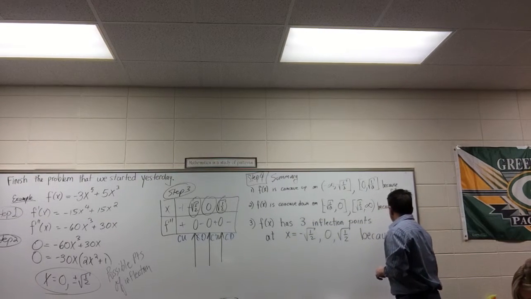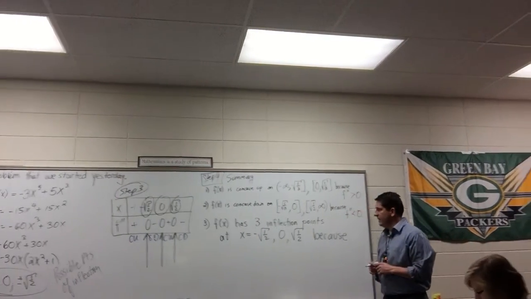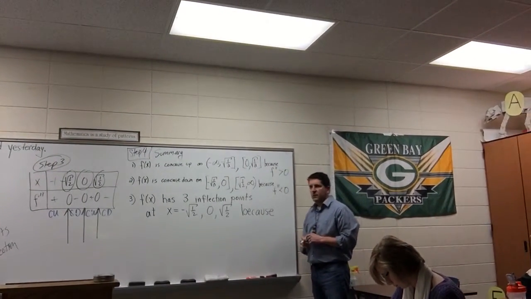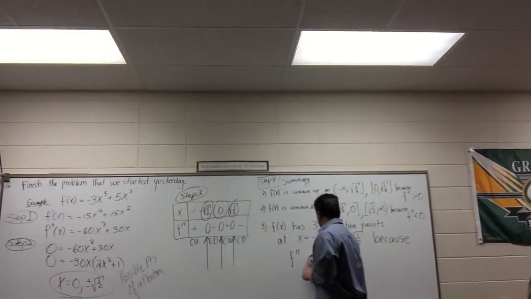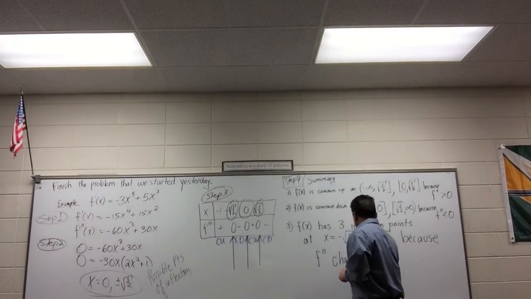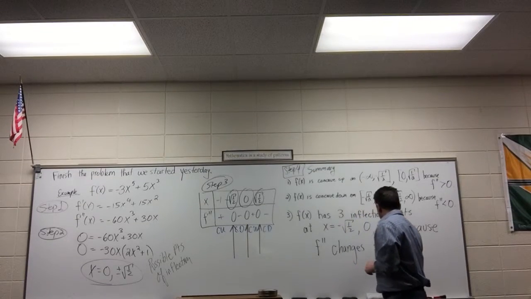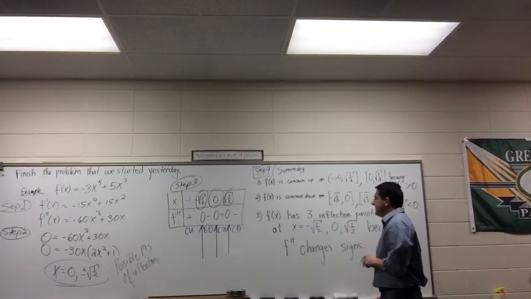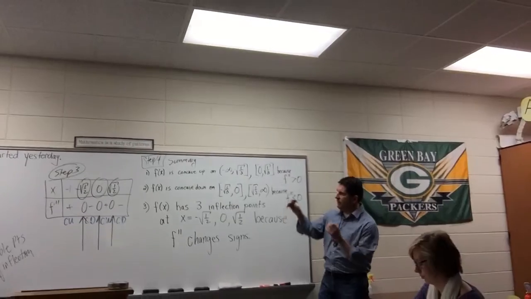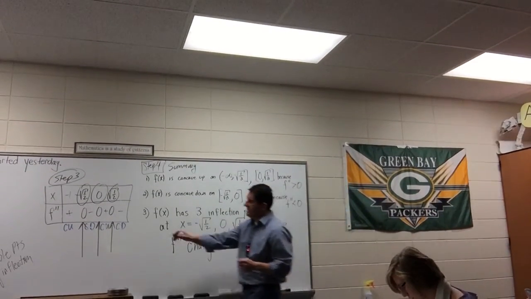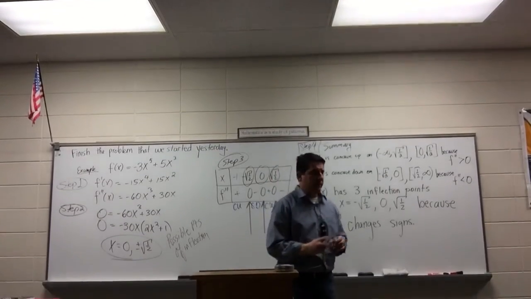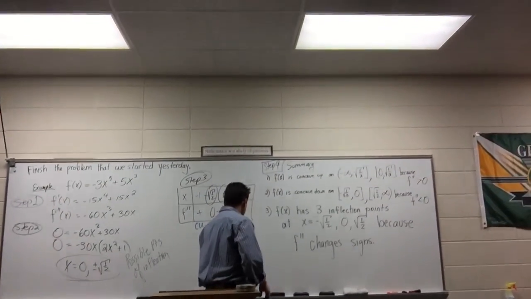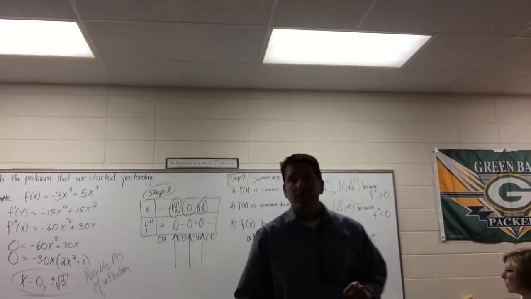And what's the reason we state that we have inflection points? It's really simple. It's because f double prime changes signs. You do not have to state that for this inflection point it went from positive to negative, and from this one it went from negative to positive. It's not required on the exam. So because the concavity changed, that's why we have an inflection point.